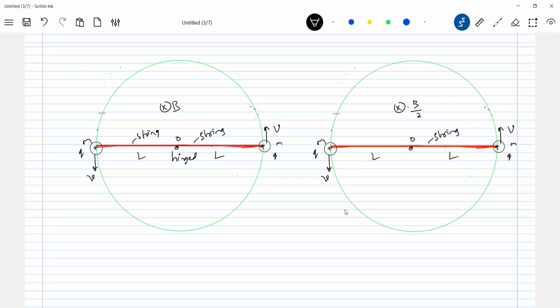So what should be the magnetic field strength so that the tension in the string will be 0? In the first diagram, find the B so that the tension in the string will be 0.